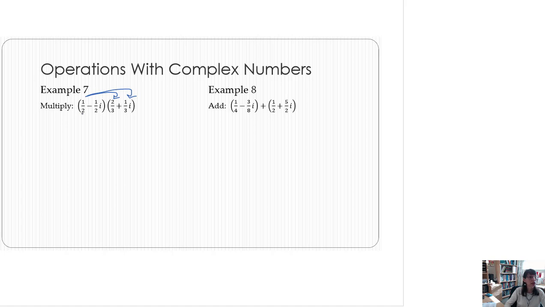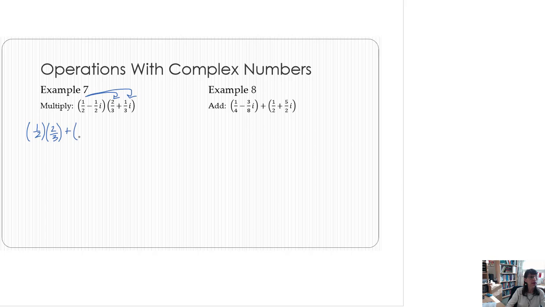So our first product, 1/2 times 2/3, I'll go ahead and just expand this. 1/2 times 2/3. Then I'm multiplying 1/2 times positive 1/3 i.